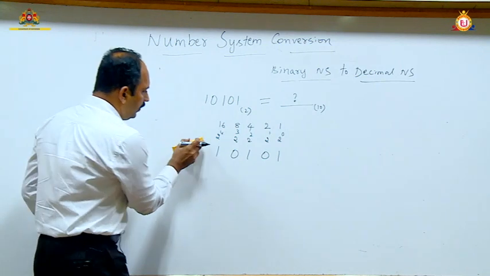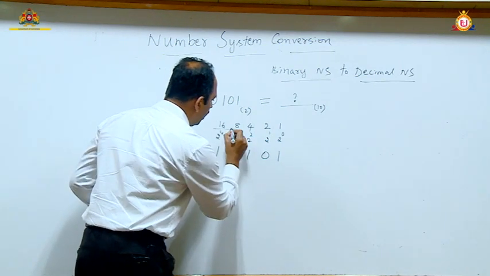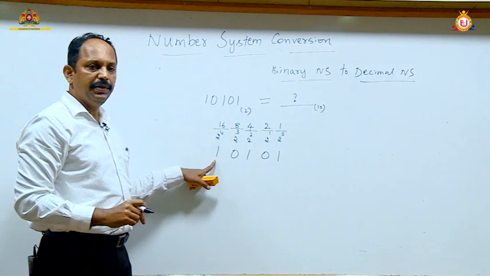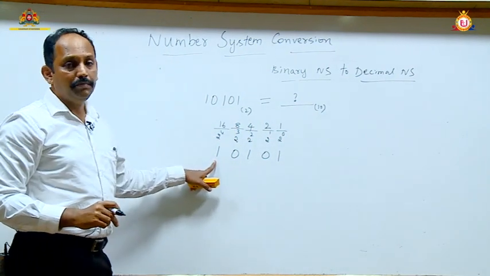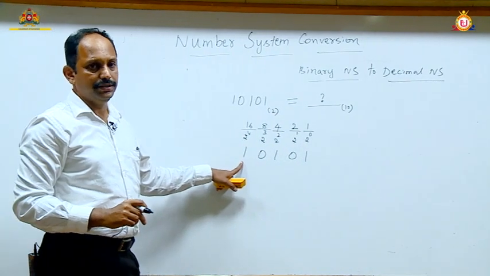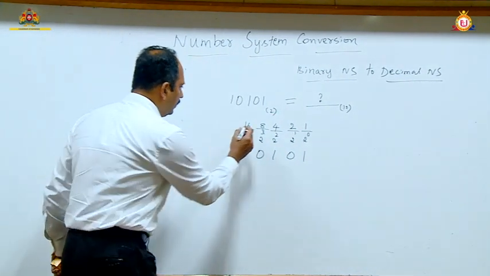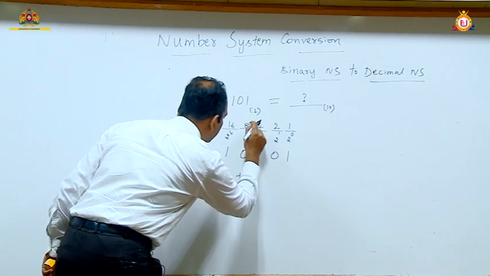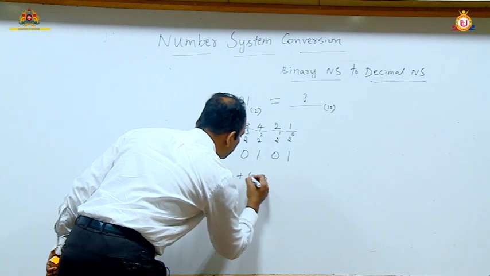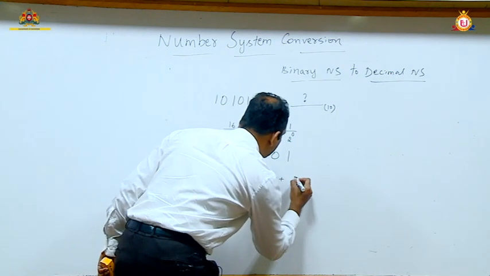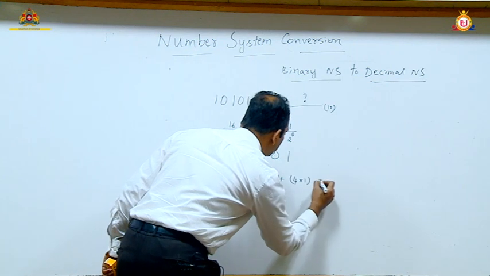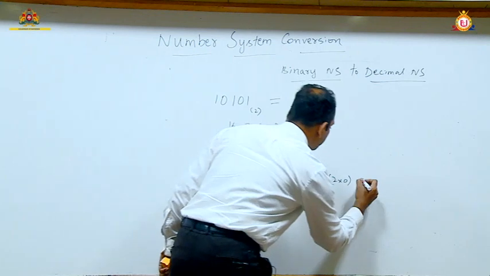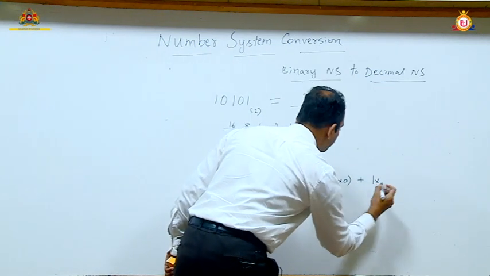Okay, so we got this. Now, the positional value is going to be multiplied by the place value of the binary digit. So 16 into 1 plus 8 into 0 plus 4 into 1 plus 2 into 0 plus 1 into 1.